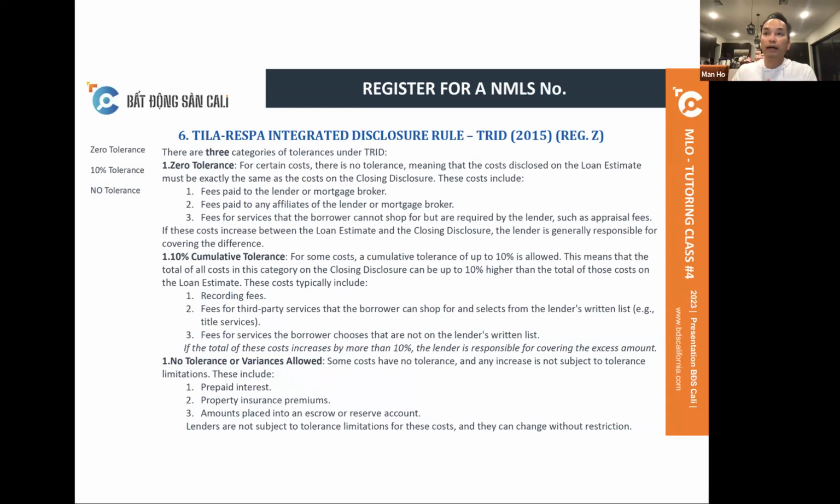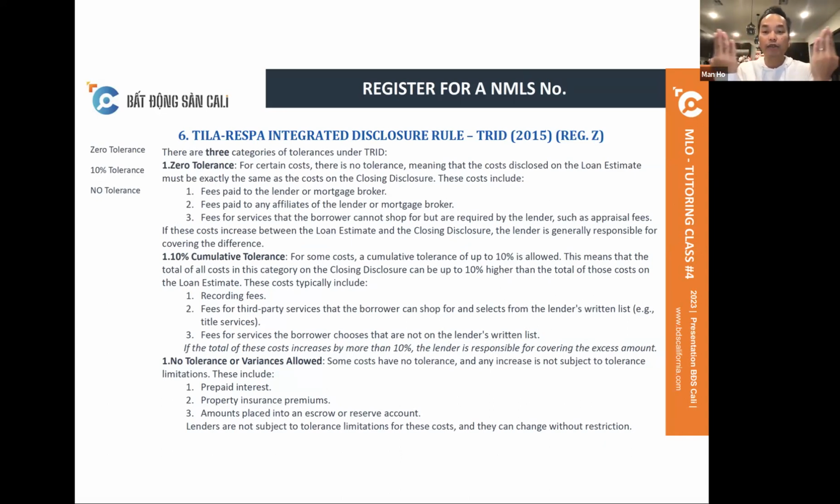So like I said, fees for services that the borrower cannot shop for, like appraisal. When you do an appraisal, the lender submits a request, and then the system will assign an appraiser. That appraiser cost is, let's say, $400. If it's $400 in the loan estimate, it needs to be $400 on the closing disclosure.